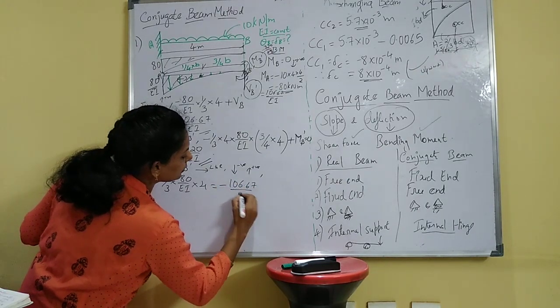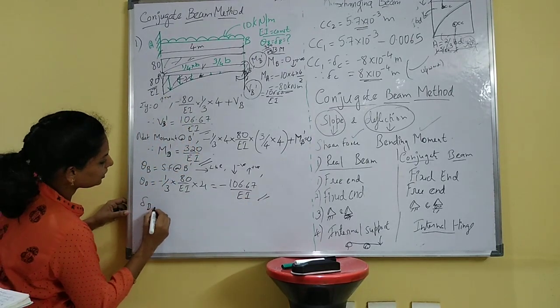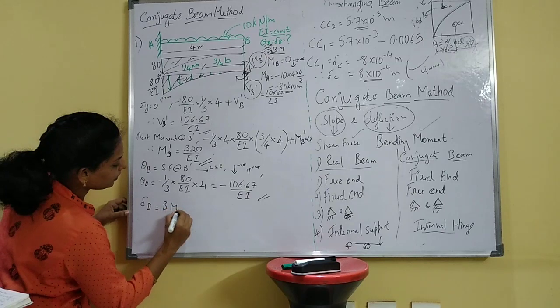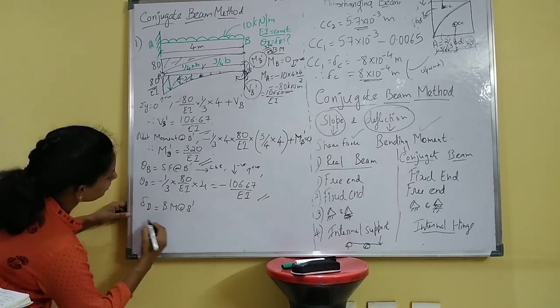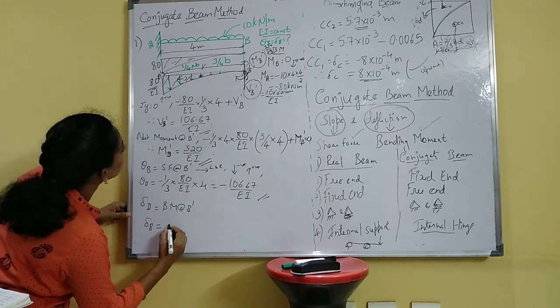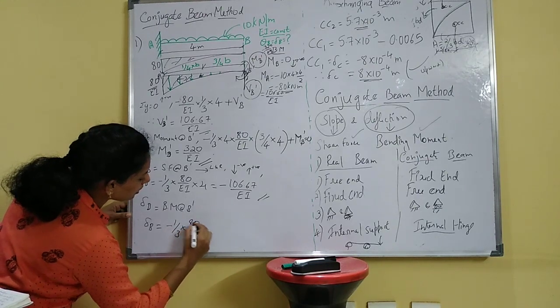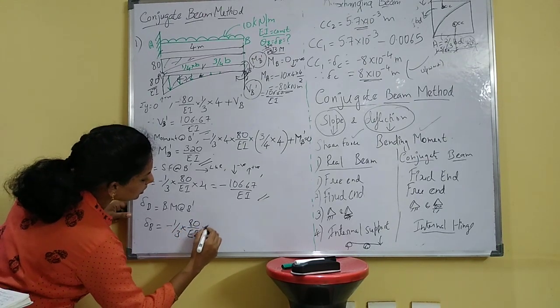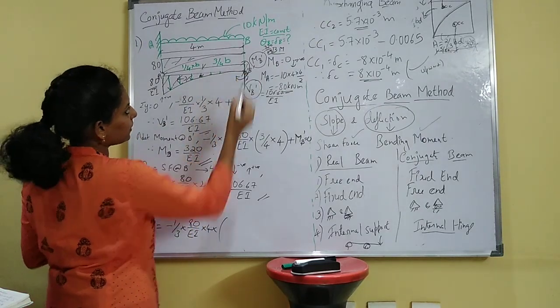106.67 by EI. Next, to find out delta B, that is nothing but the bending moment at B dash. So the bending moment at B dash is nothing but, again it is downward, so minus 1/3 of 80 by EI into 4 into the perpendicular distance with respect to B dash.